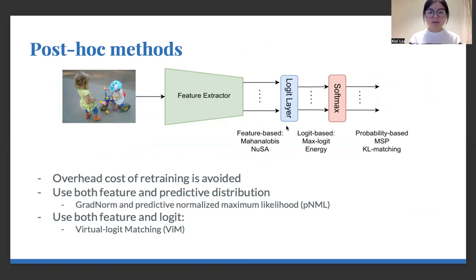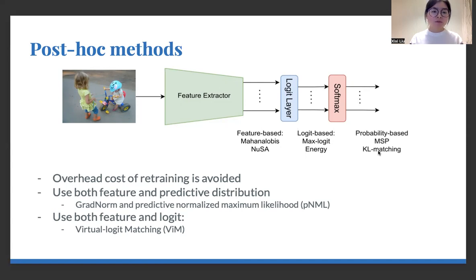Here is a standard classifier. Some methods use information only from the feature space, such as Mahalanobis distance or NUSA. There are also methods that use information from the logit, which are max logit and energy. There are also some methods that use information from the probability space, such as MSP or KL matching.